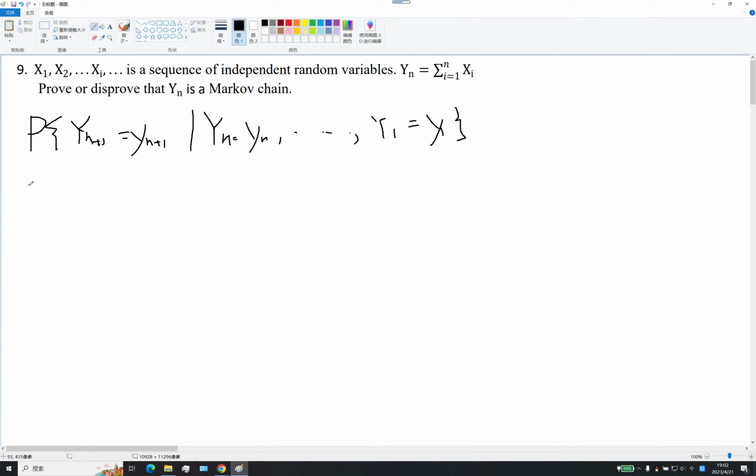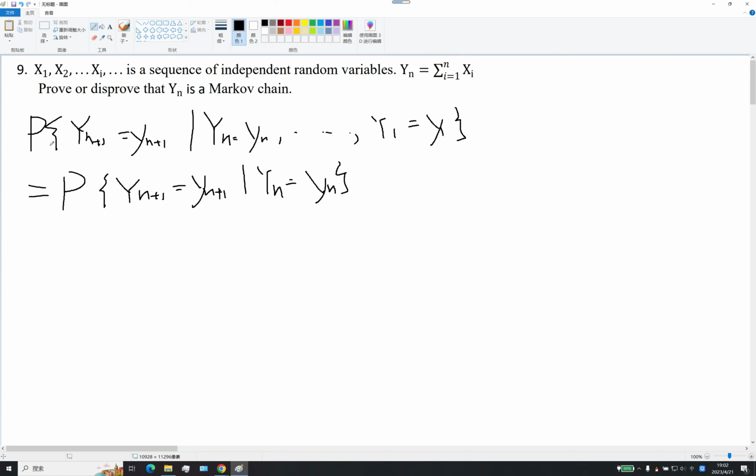If it only depends on the last part, which means it equals P(Y(n+1) = y(n+1) given Yn = yn), so if Y(n+1) only depends on Yn = yn, it means that it's a Markov chain.